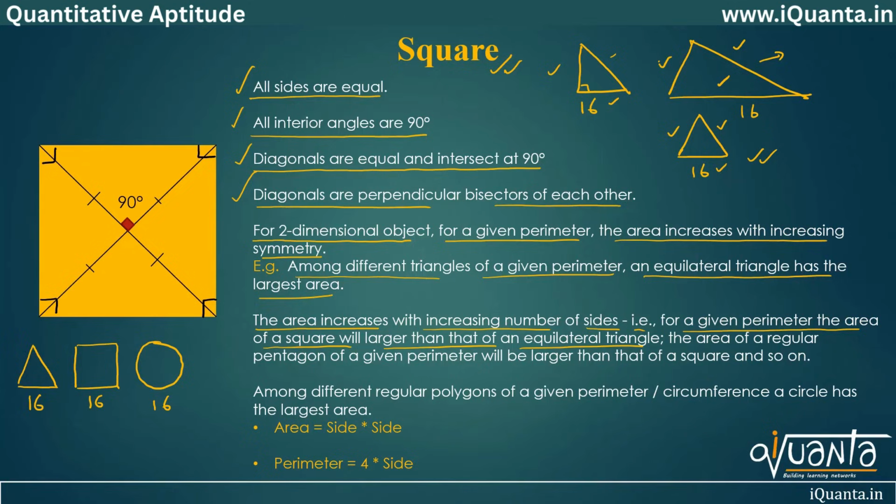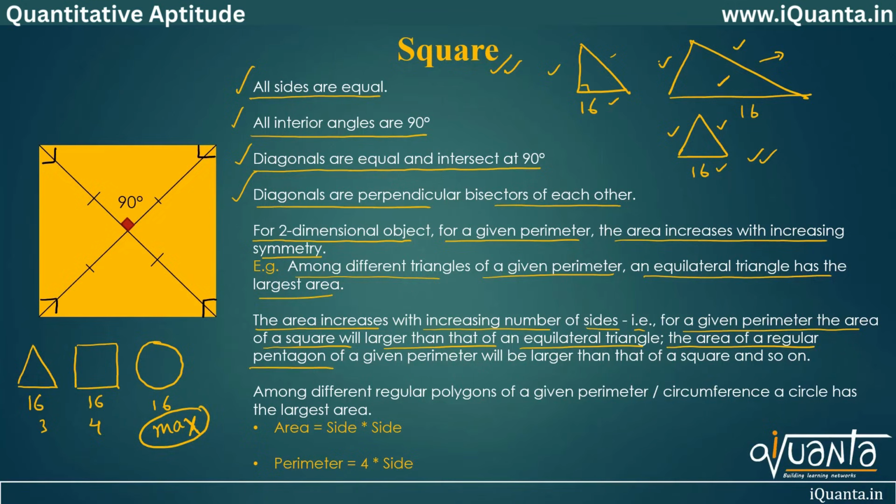For a given perimeter, the area increases with increasing number of sides. The perimeter of all these three figures is the same, but a triangle has only 3 sides, a square has 4 sides, a circle has infinite number of sides. So this circle will have the maximum area when the perimeter is given.